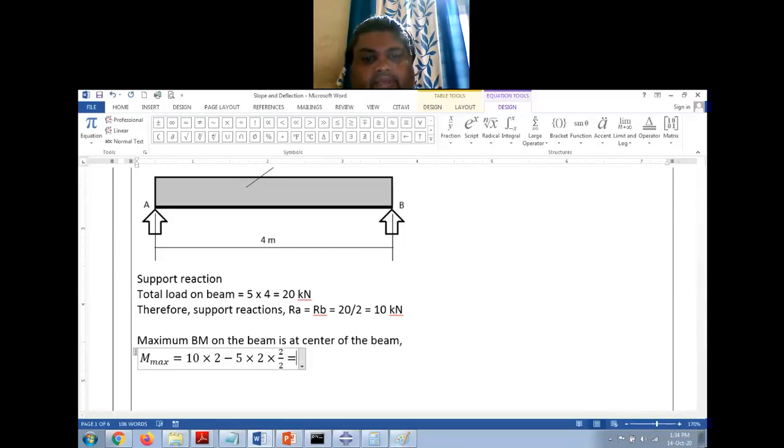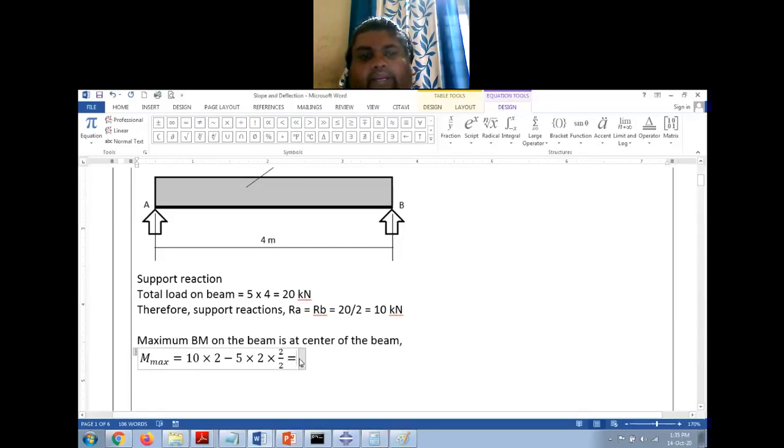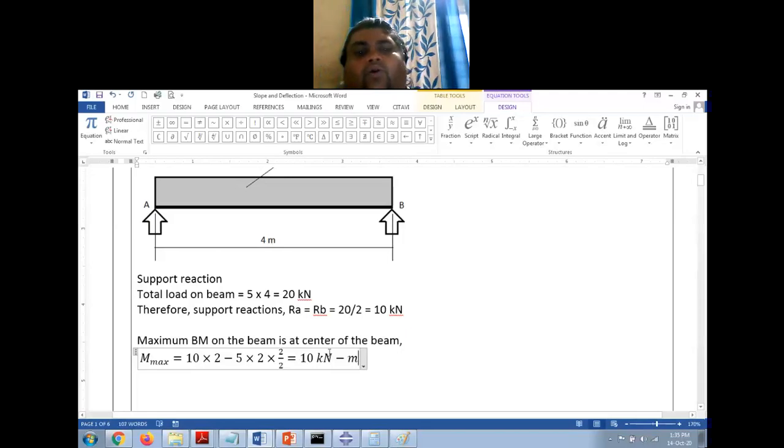So this will be equal to 10 times 2 is 20 minus 5 into 2 into 1, so it will be 10 kilonewton meter. Do not convert this into Newton mm.